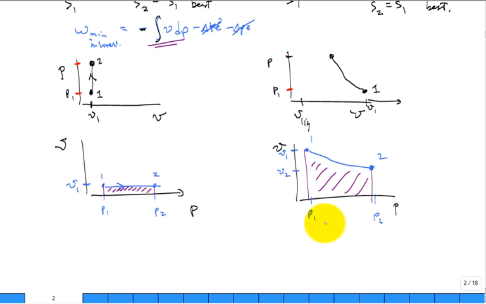This is much larger. Much larger area. Hence, the work per unit kilogram for the same pressure change for the compressor is much greater than the work per kilogram for the pump for the same pressure change. Same pressure change. All right.